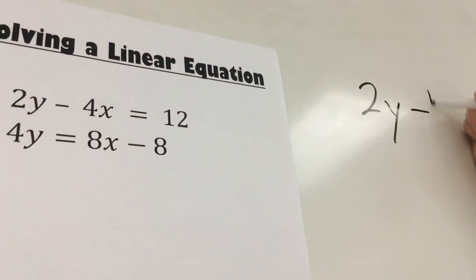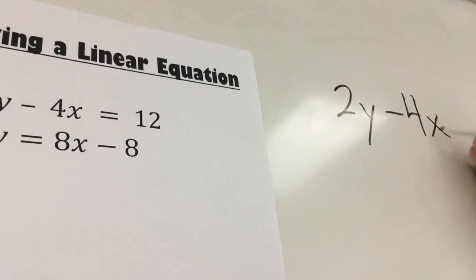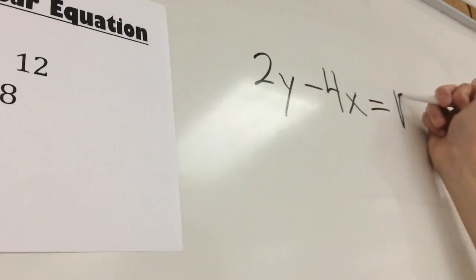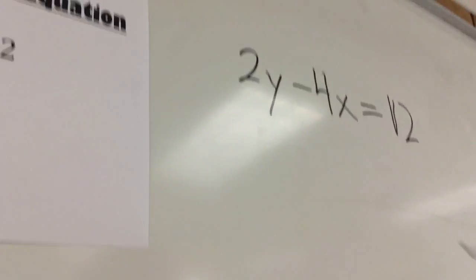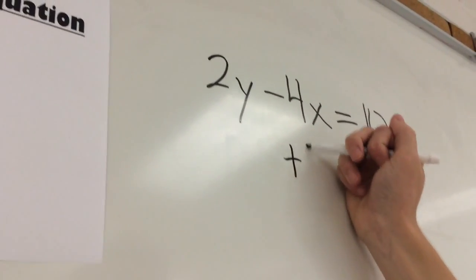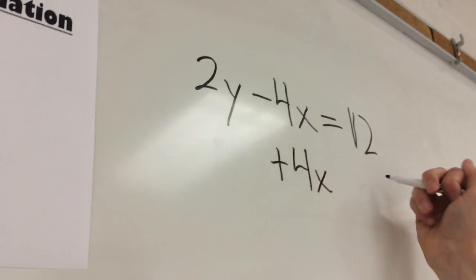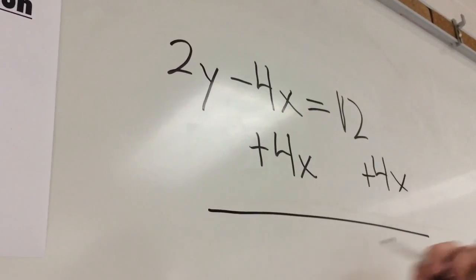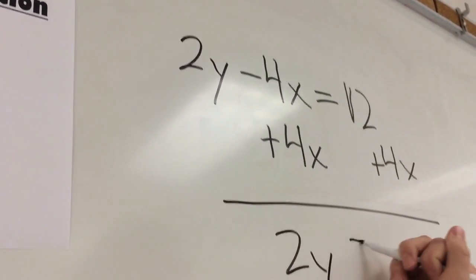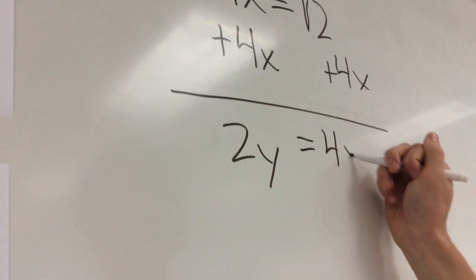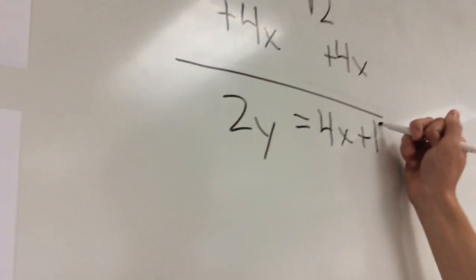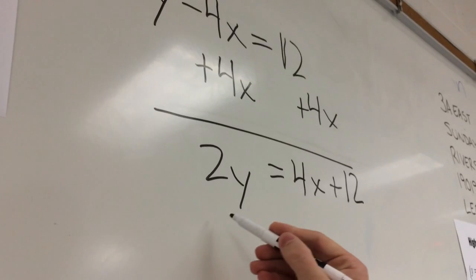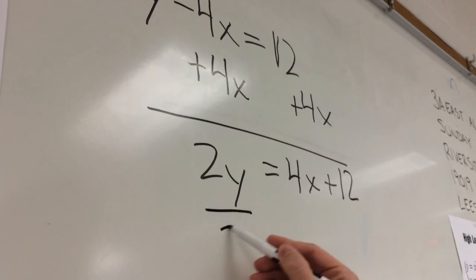2y minus 4x equals 12. You're going to add the 4x to both sides, giving 2y equals 4x plus 12. And then you're going to divide each side by 2, and this will leave the y alone.